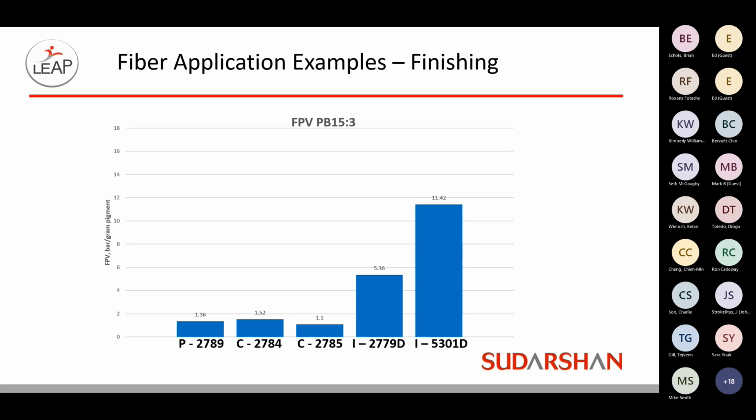However, again, the 2 ink grades are 2 very different ones. The 2779D was designed for solvent-based ink systems, and the 5301D was designed for inkjet type grades, so water and UV applications. So the finishing steps required for each of those applications are obviously impeding the amount of dispersibility for those 2 particular products.